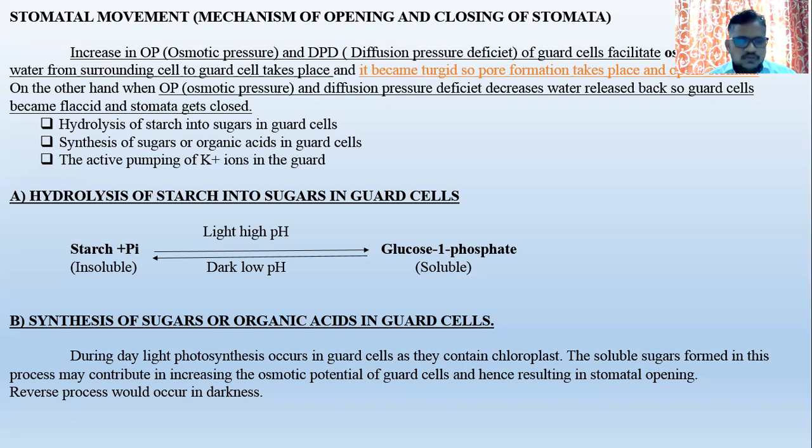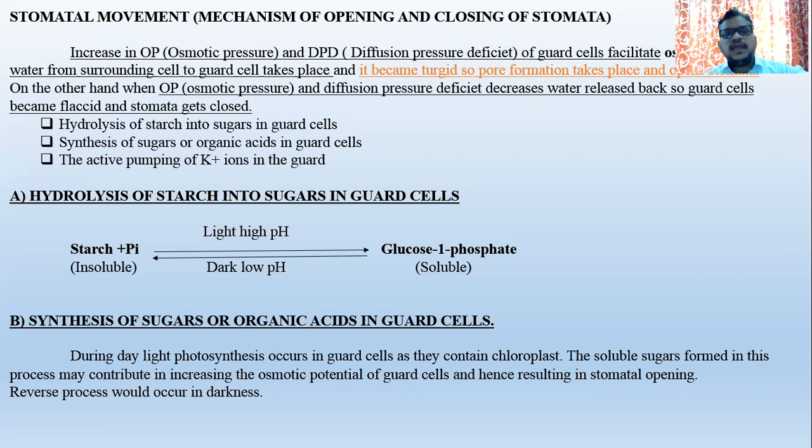As the osmotic pressure of the guard cell increases, water enters the guard cell by osmotic diffusion from the surrounding epidermal and mesophyll cells, and that's why the guard cell becomes turgid, and because of that the stomata open and transpiration will take place.